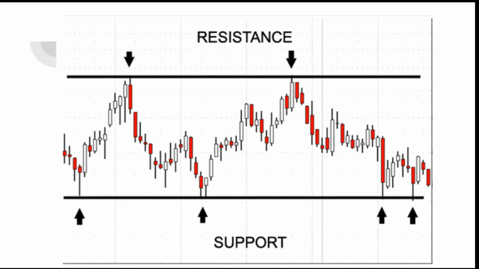Mm-hmm. But so it's not all crowd psychology, or is that... Technical analysis is the study of crowd psychology. It's the visualization of data to paint a picture of what the crowd is doing. That's it. So the reason I showed you that candlestick, remember I didn't just show you a candlestick and say, here is a doji, that means this.